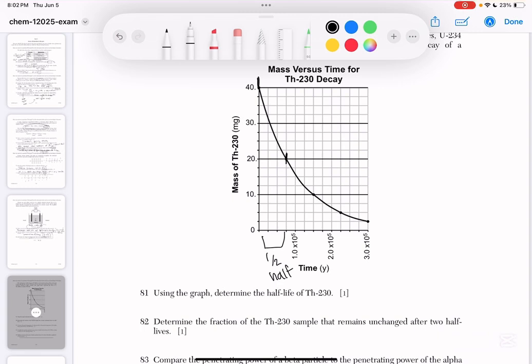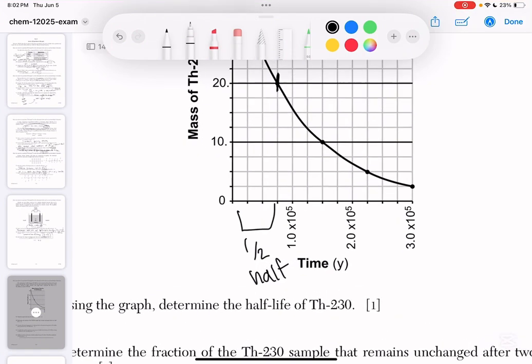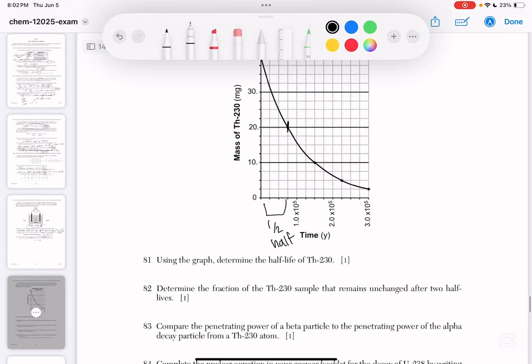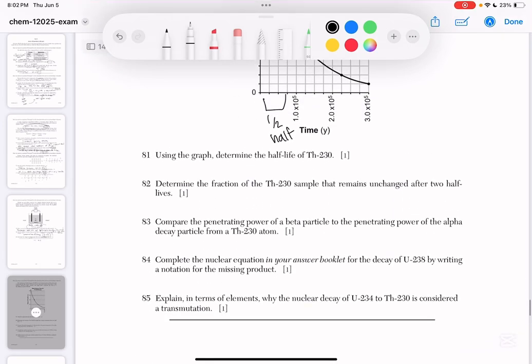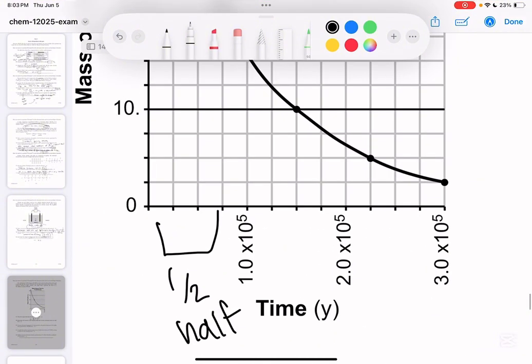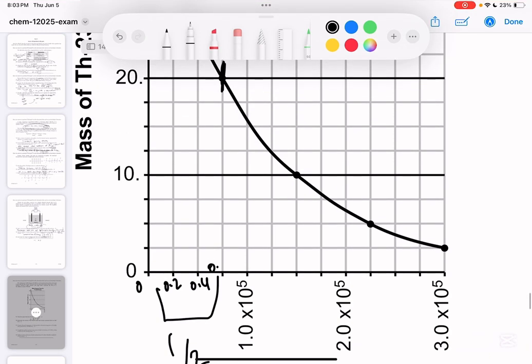So this is like 0.8 times 10 to the 5. Like, if you look here, I guess they're going up by 0, 0.2, 0.4, 0. Oh, might be 0.6 then.